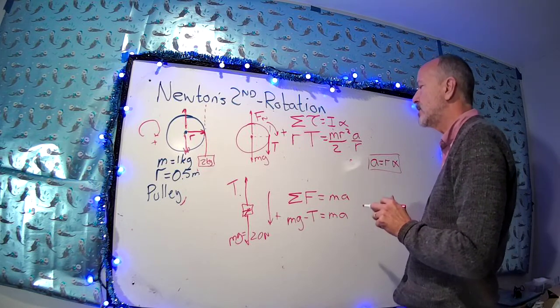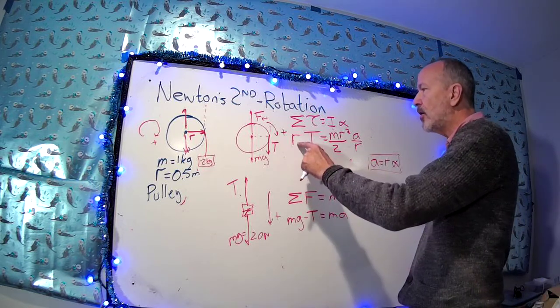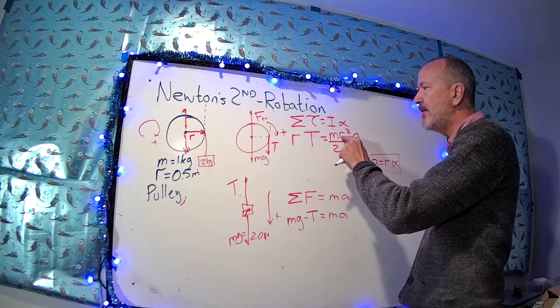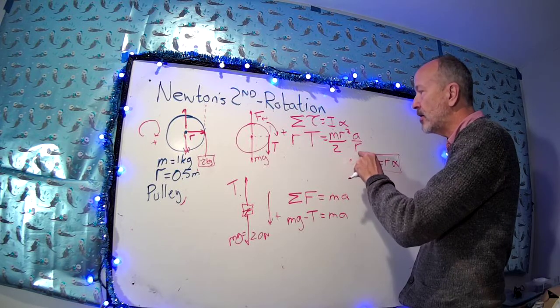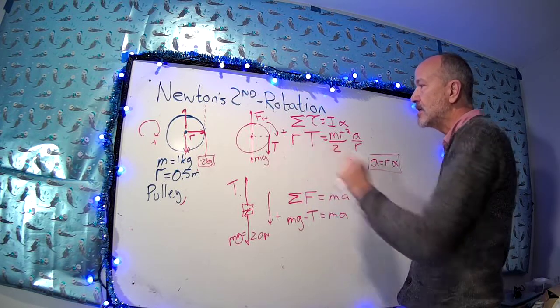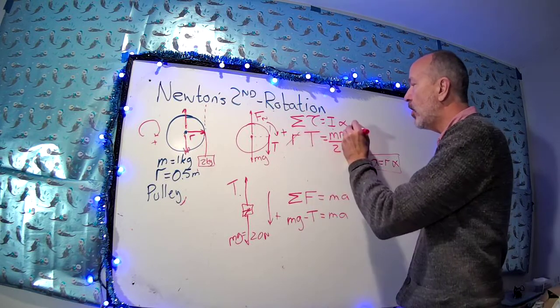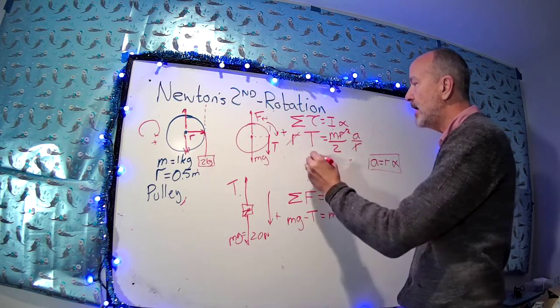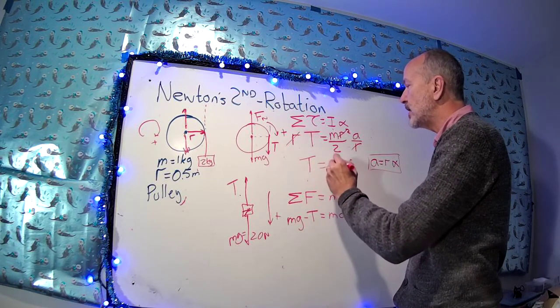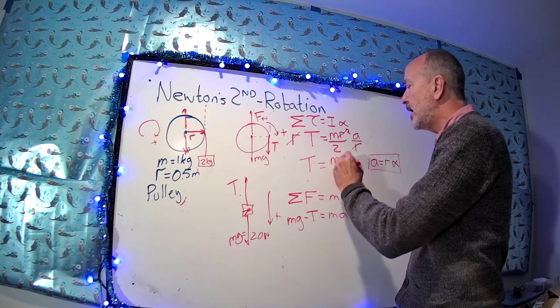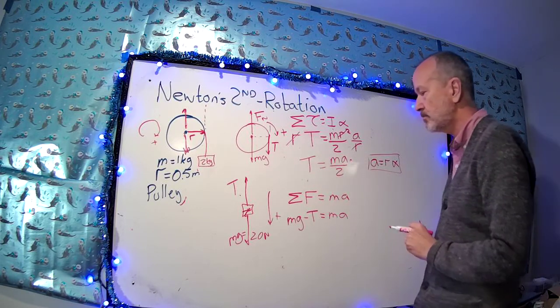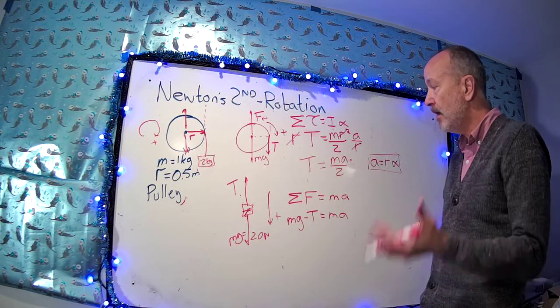Look what happens. I could multiply both sides by R. I'd have R squared, and they cancel. Or I get R squared divided by R is R, cancels out an R on the other side. So all these R's cancel out, and you just end up with a really simple expression. m a over 2.